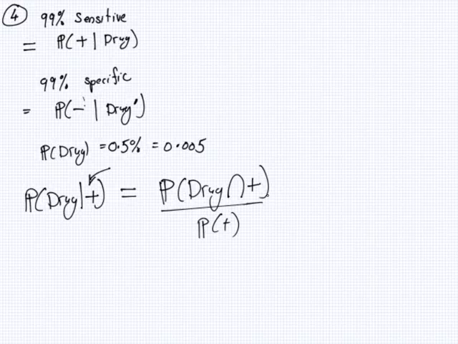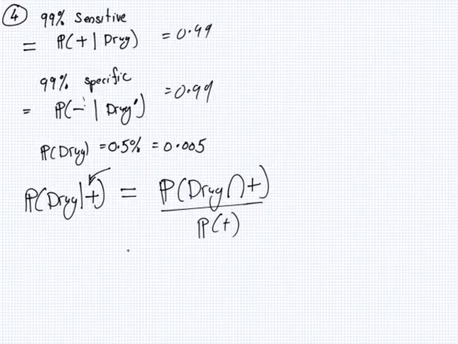Now, let's see. I think I'd like to draw a probability tree just to help a little bit here. To transform from a percentage, this is 0.99 and this one here is 0.99. Okay. So let's just look at the bottom here. Positive test result. There's two ways the test result could be positive.